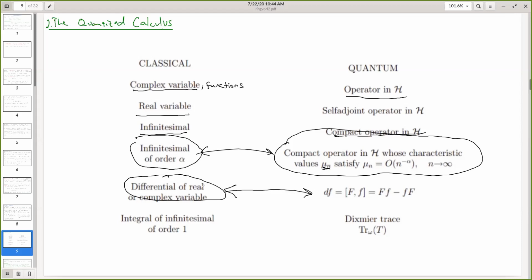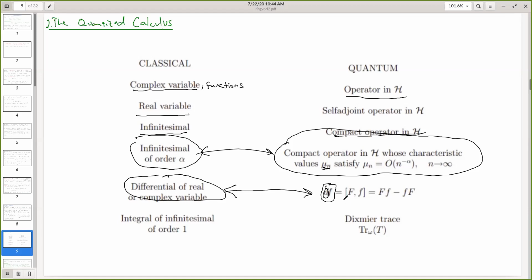And the differential of a real or a complex variable is given by this sort of df. I will hopefully next time also define exactly what a d is in that case. So it's a derivation. It satisfies the Leibniz rule and so on, and it's not nilpotent.